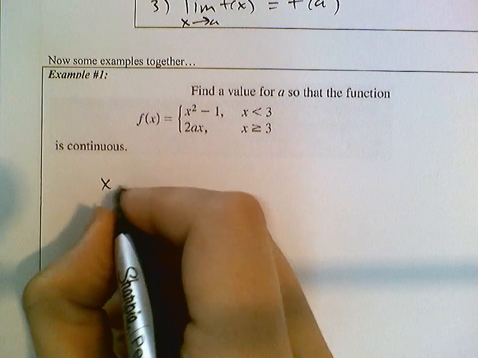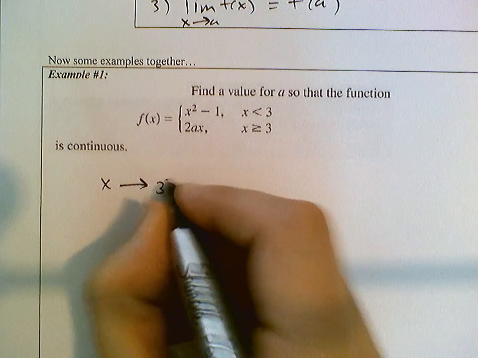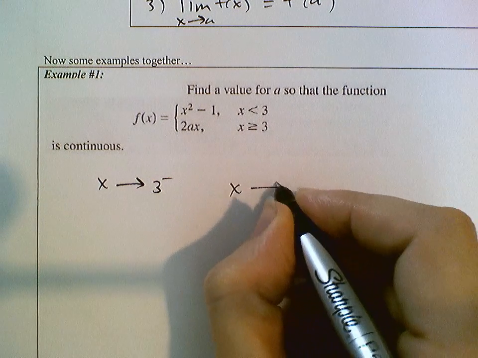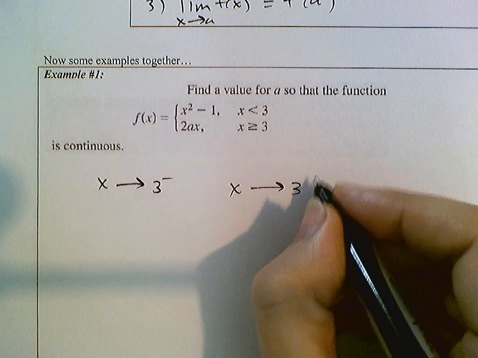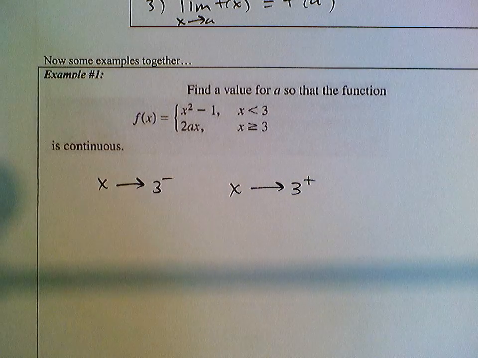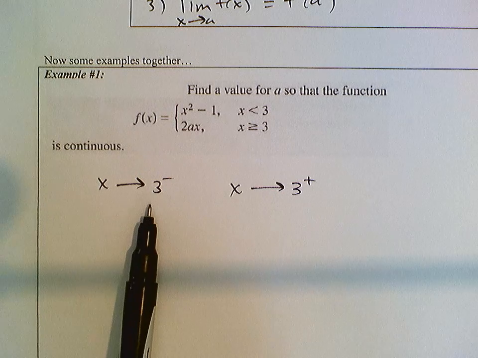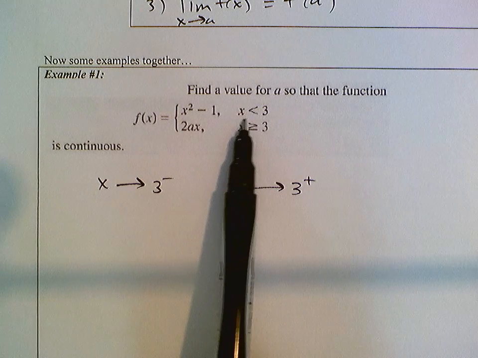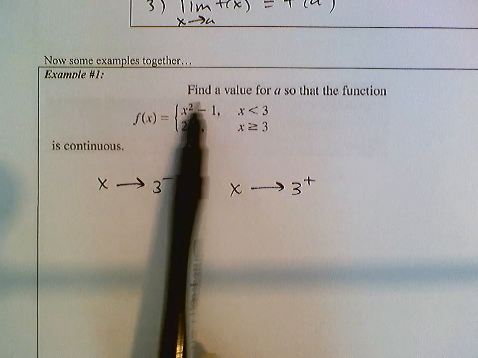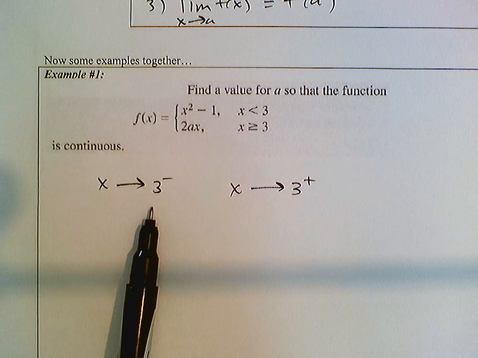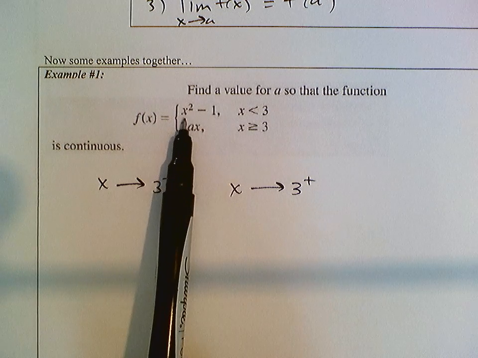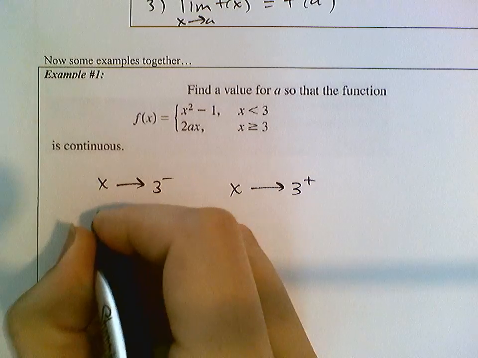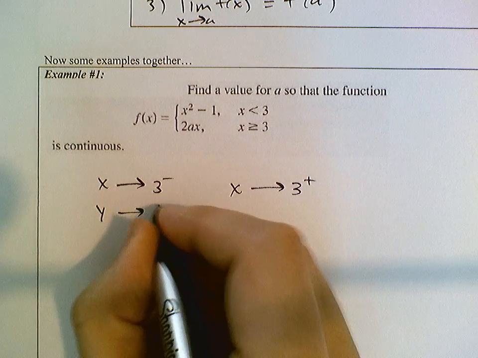So I'm going to go x approaches 3 from the left and x approaches 3 from the right. If x is approaching 3 from the left, I'm on this interval here, so I'm looking at this piece. As x approaches 3, this part is approaching 9 minus 1, so the y value is approaching 8.